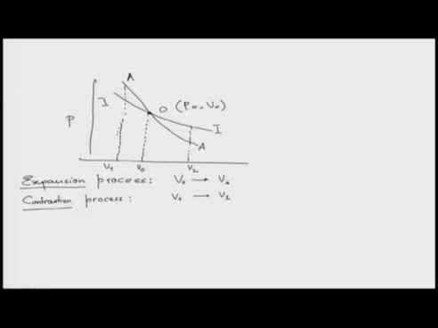Let us discuss this. Let us start by considering the expansion process starting from V naught to V 2. And I have an adiabatic process and also an isothermal process. What is the work done in the adiabatic process? This is simply the area under this curve. So, you can easily look at this area under the curve, and that is your work done. Now, what is the work done in an isothermal process?